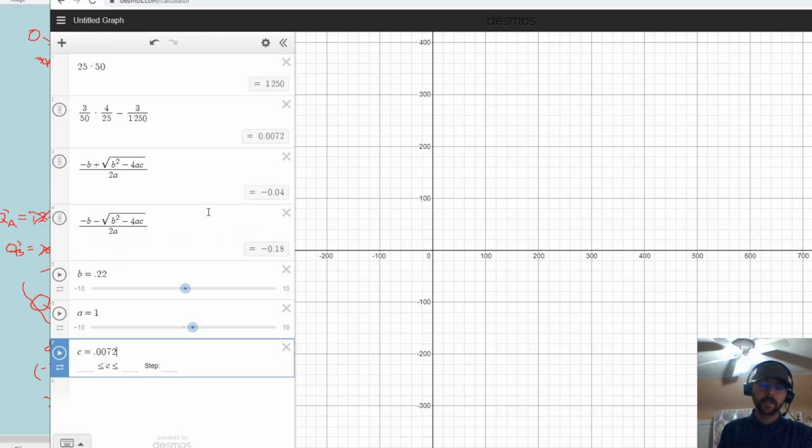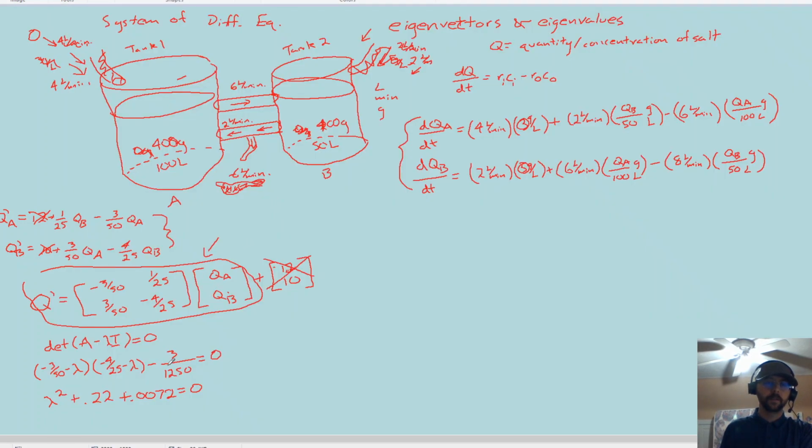Just as before with the equations, there'll be slightly different steps depending on whether at this point you get positive numbers, negative numbers, two distinct solutions, or a repeated solution. There'll be a slightly different process for each possibility. The whole point of this is to find lambda, and when we find lambda, that tells us our eigenvalues.